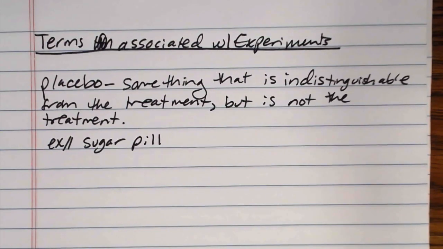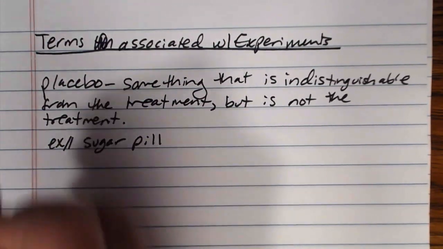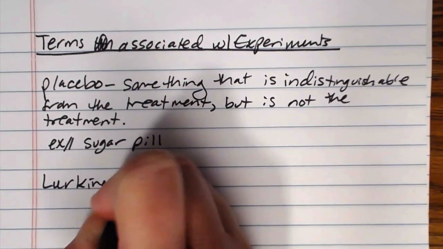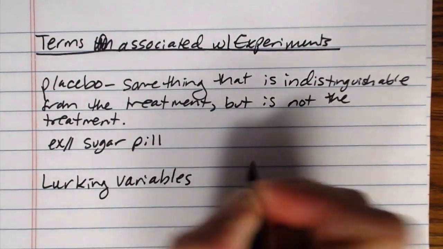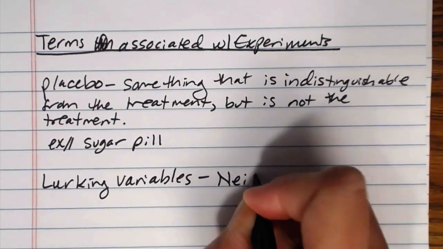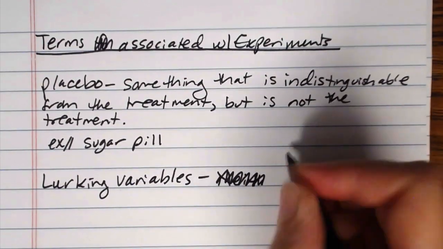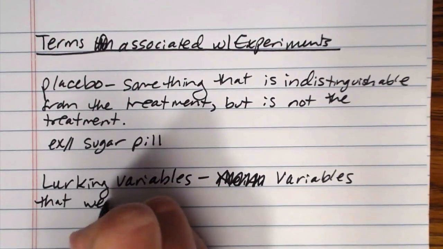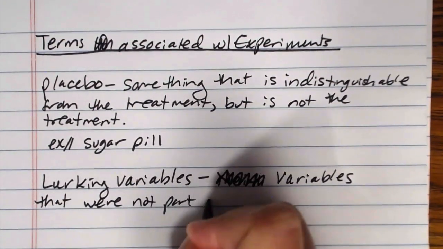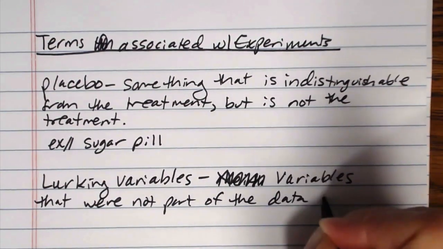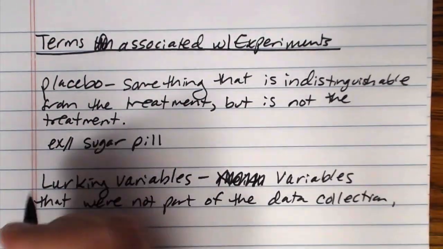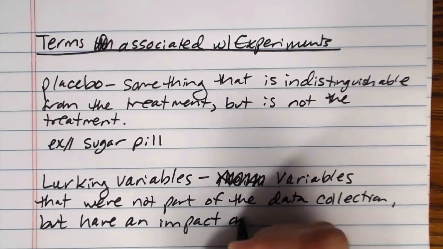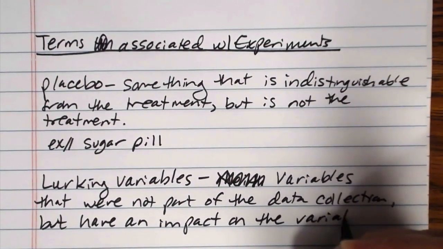Other terms that you may have heard associated with experiments would be lurking variables. These are variables that were not part of the data collection, but have an impact on the variables included in the experiment.